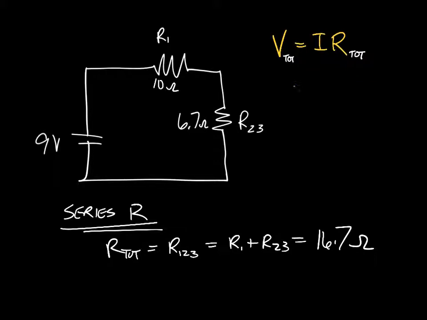So given that we know the voltage of 9 volts, we could compute what the current's going to be in this circuit. 0.5389 and some change amps. And we use a capital letter A for amps.